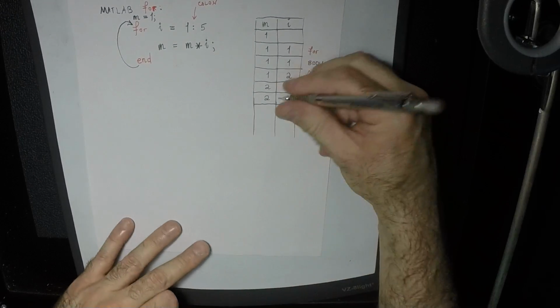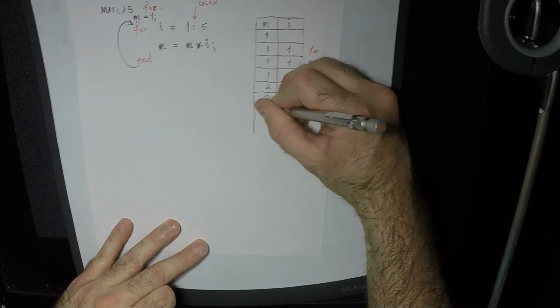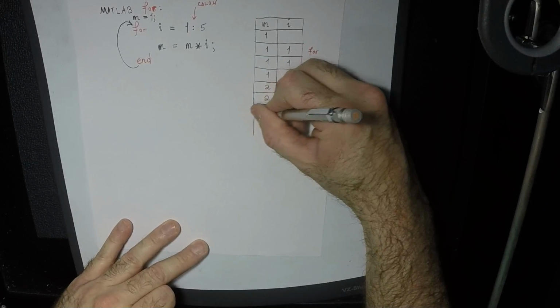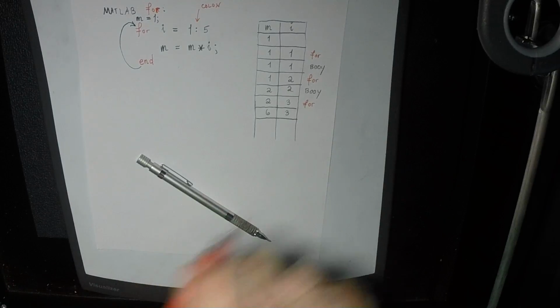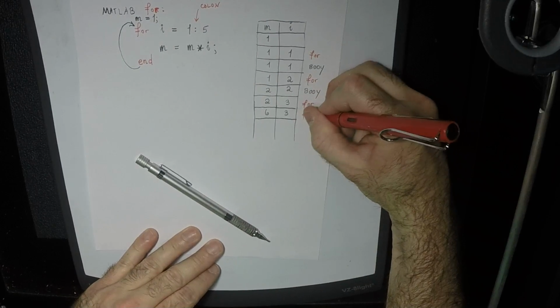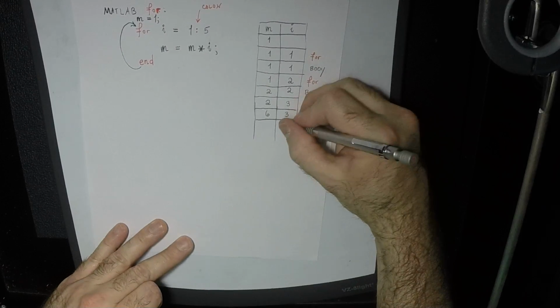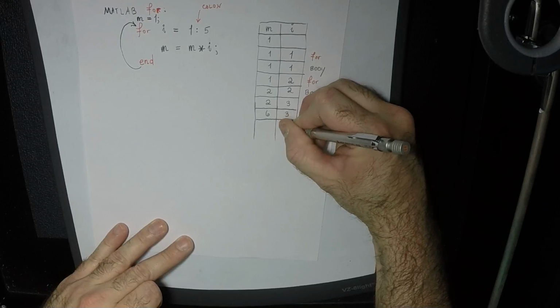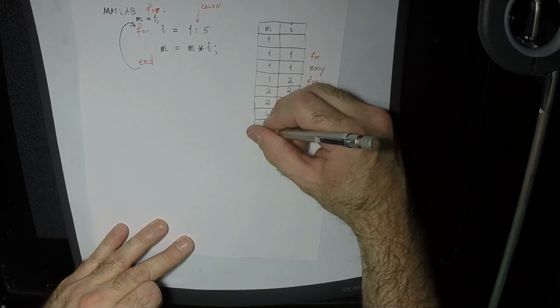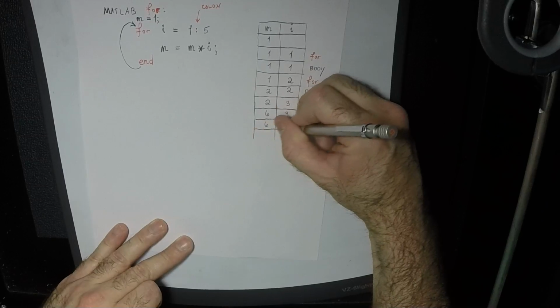Then the body is executed, updating the value of m to 6. Then you jump back to the top. The new value of I is the integer 4, but m is not updated as a result.